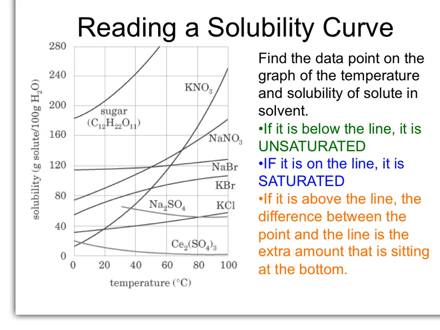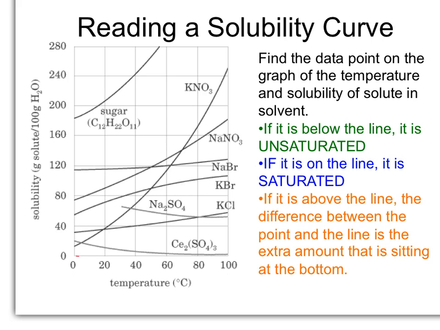When you are reading a curve, you want to find a data point on the graph, and that will usually be the intersection between the temperature and the solubility of the solute in the solvent. If that data point is below the line of your solute, it will be considered unsaturated. So, for example, I want to dissolve 20 grams of NaBr into 100 grams of water at 20 degrees Celsius.